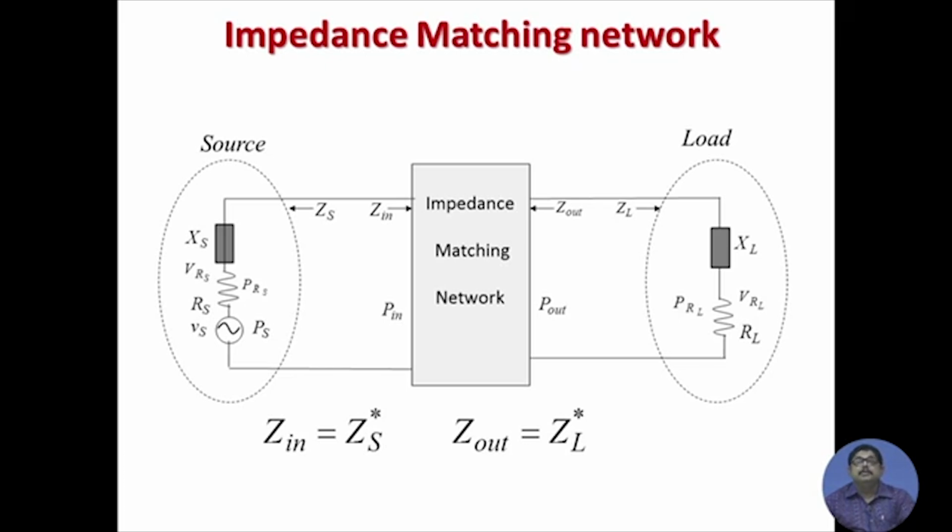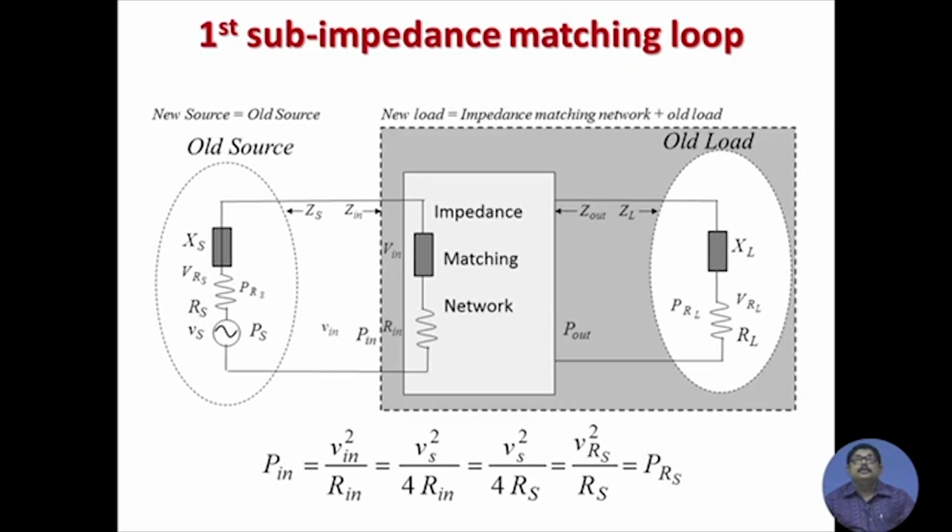So, this impedance matching network design by lumped elements we will now learn. You see basically the whole thing now has 3 sub impedance matching loops. The first sub thing is that the old source is now replaced by the new source, and the whole source is looking at the impedance matching network plus the old load network.